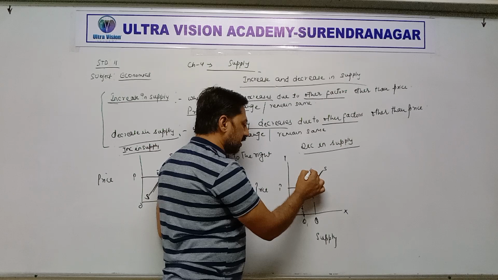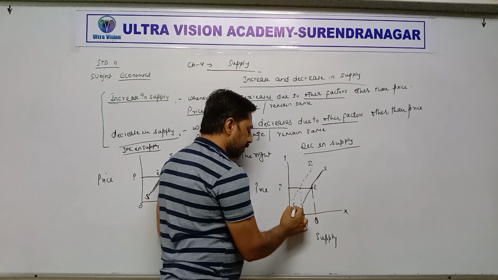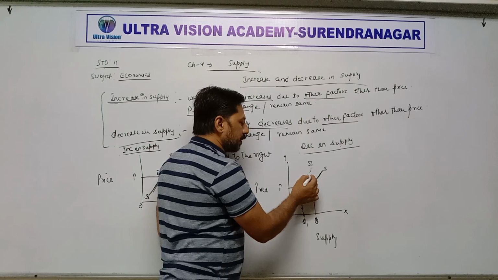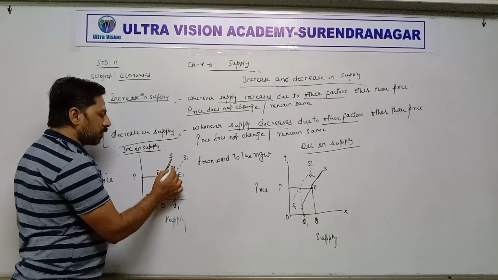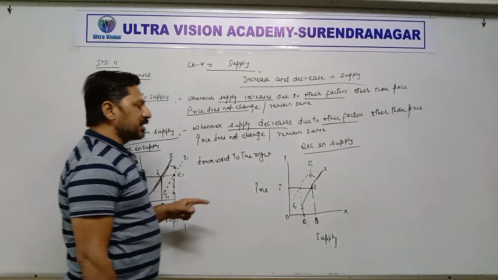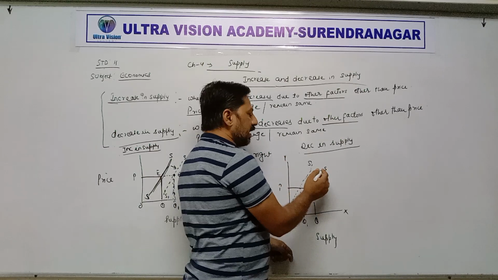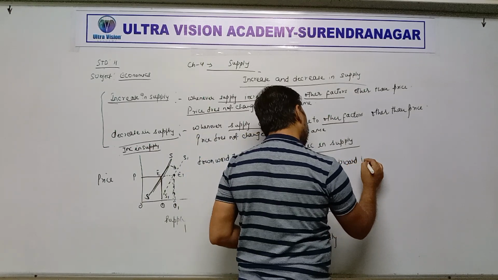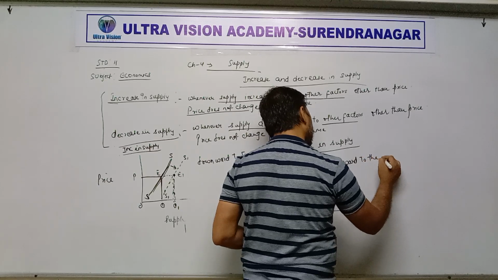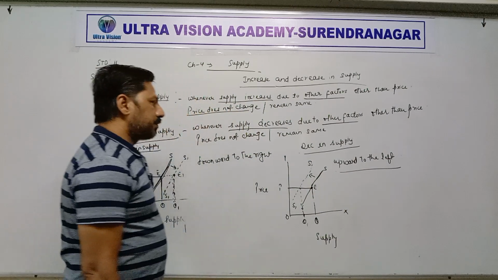Now the new supply curve is S1, S1. In increase in supply, the curve shifts downward to the right, but in decrease in supply, the supply curve shifts upward to the left.